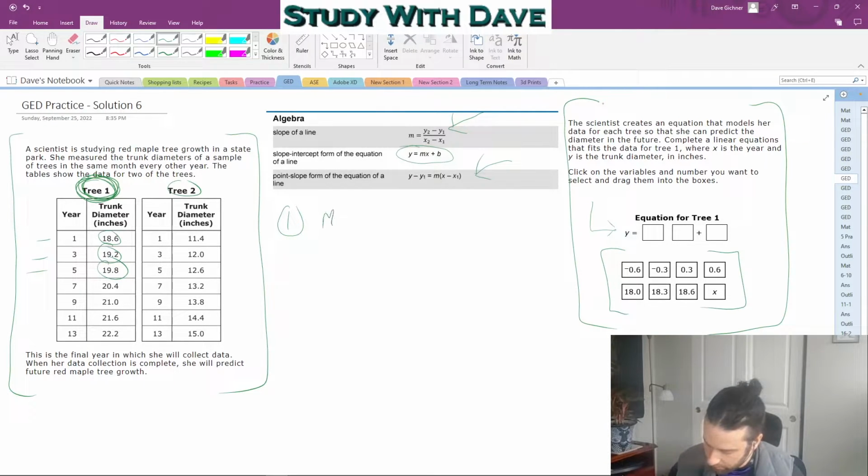So m equals y2 minus y1 over x2 minus x1. And since we're only dealing with tree 1, we're just going to go ahead and say y2 is going to be 19.2, y1 is going to be 18.6.